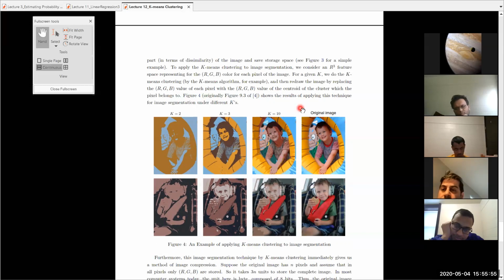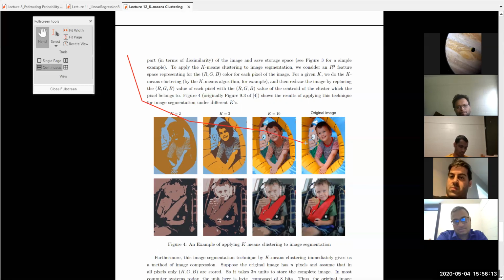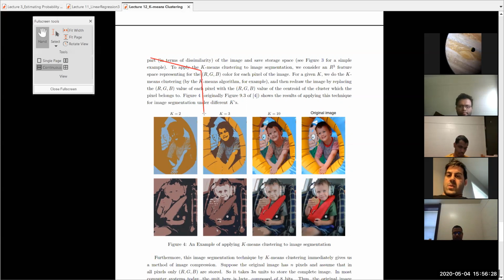And there are other statistical methods. One of the methods is something like this. For example, you draw k against the error, the summation of the dissimilarity. With the increase of k, you should see the error decreasing. We're going to see something like this.